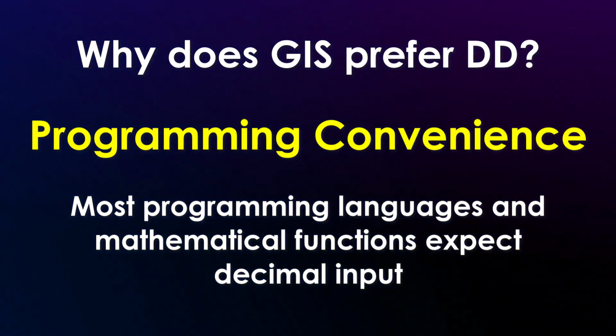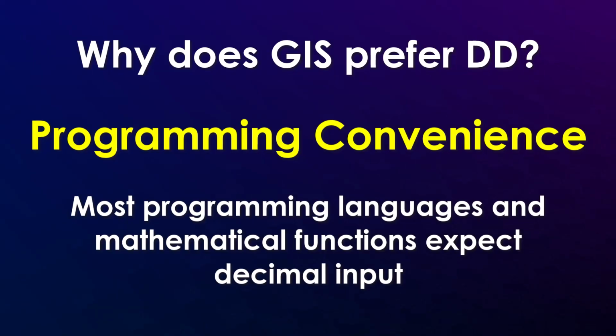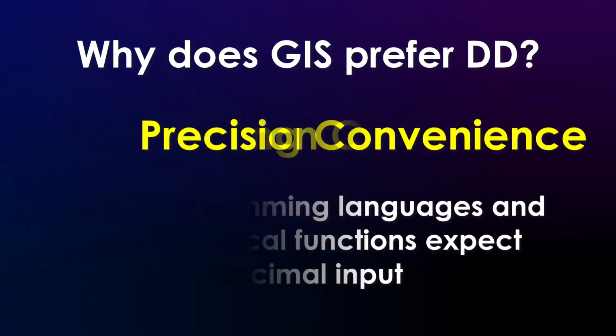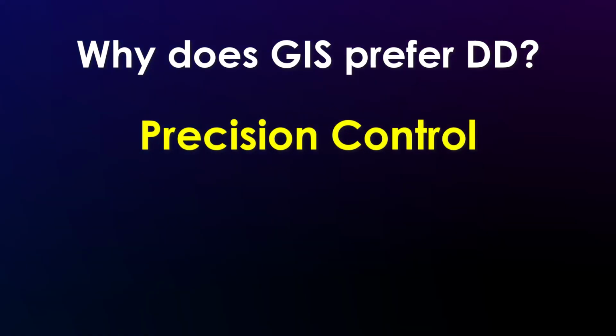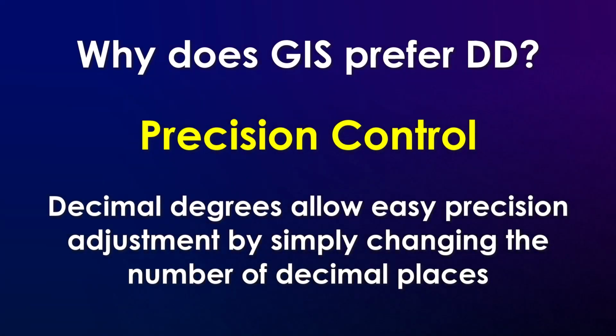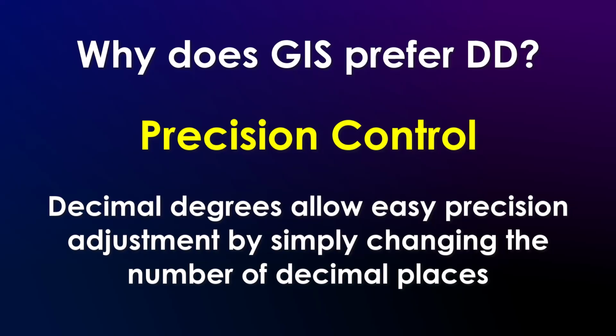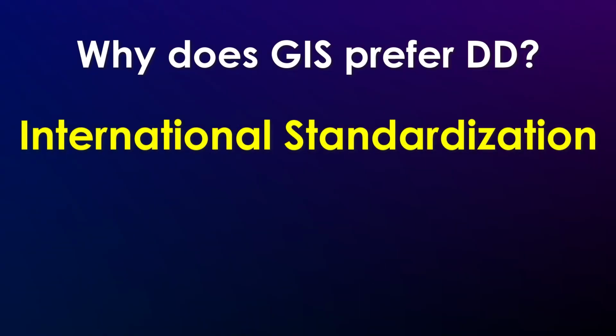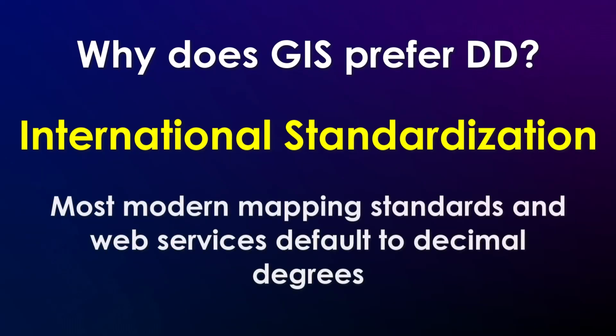Working with 40.4461 degrees is straightforward, while 40 degrees 26 minutes 46 seconds requires additional parsing and conversion steps. The fourth reason is precision control. Decimal degrees allow easy precision adjustment by simply changing the number of decimal places, whereas DMS precision depends on subdividing seconds. The final reason is international standardization. Most modern mapping standards and web services like Google Maps, OpenStreetMap, and GPS devices default to decimal degrees.